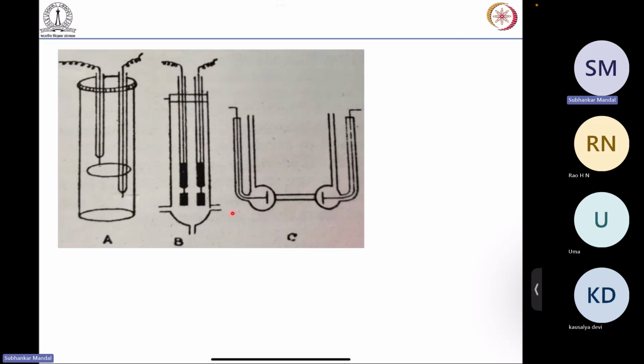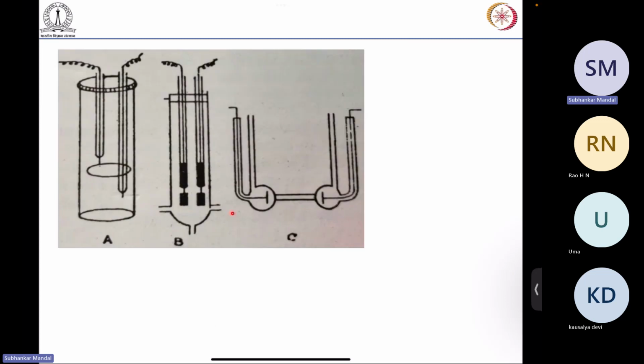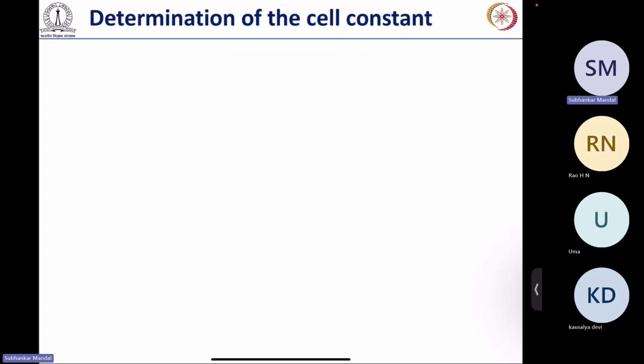I am not going into more detail about the cell parameters, but what I want to tell is how to calculate the cell constant, because you can get the cell from the market, or you can make the conductivity cell from the engineering workshop, and after that you have to calculate the cell constant.